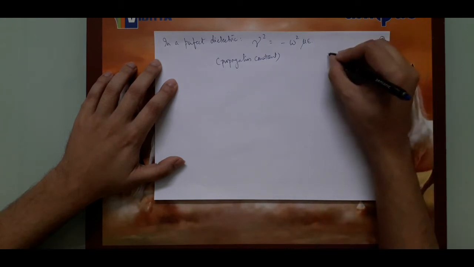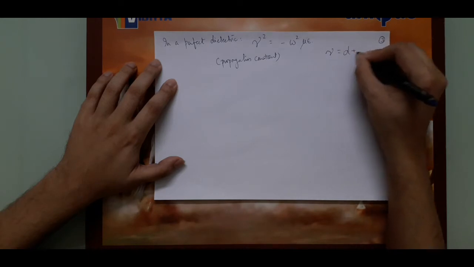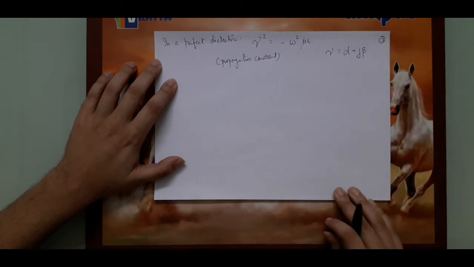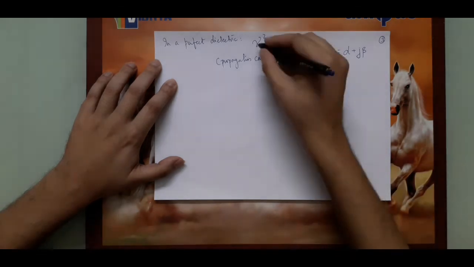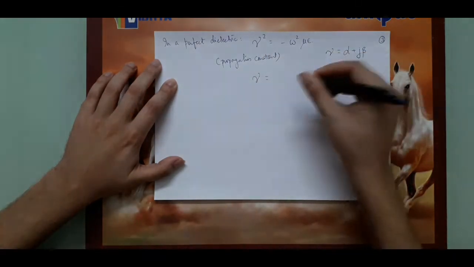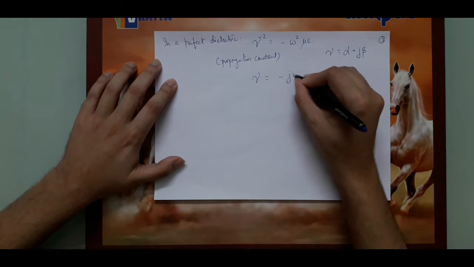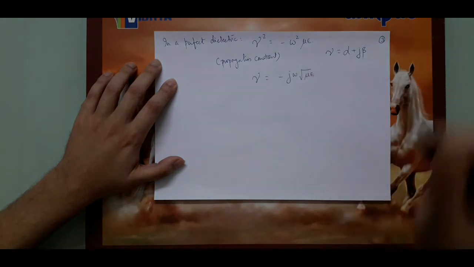So propagation constant, as you know, gamma is alpha plus j beta. So when we look at this gamma, it is nothing but minus j omega under root mu epsilon.